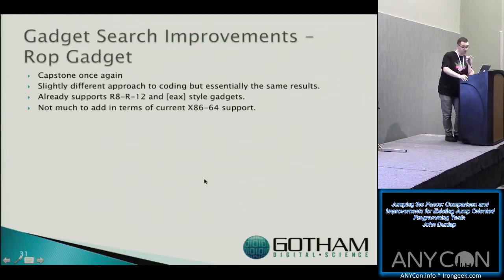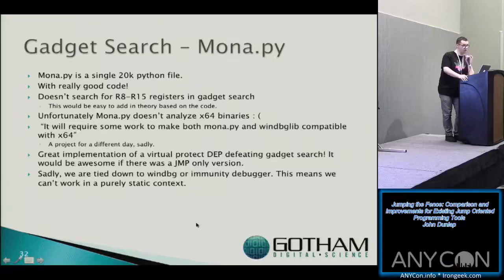ROP Gadget was a little more complete, but we did add some corner case kind of encodings. All right. And Mona.py, again, what we wanted to do was add x64 support, and that just wasn't possible. It turns out at the end that the engine was far too complicated and far too dependent on being just an x86 program to modify, which is sad because unlike all these tools, it sort of automatically just works.